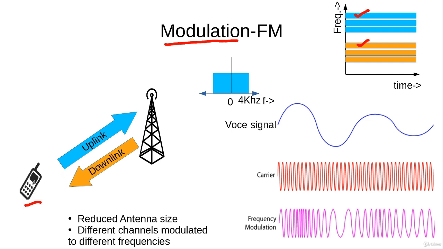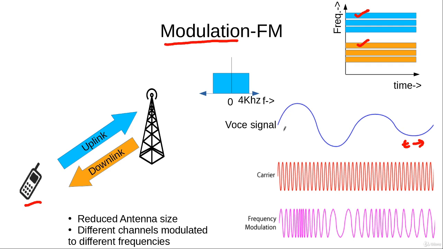When the user speaks into this mobile, there is a microphone that converts the voice of the user into an electrical signal. This is the electrical voice signal as a function of time, and on the y-axis we have the voltage amplitude of this signal.